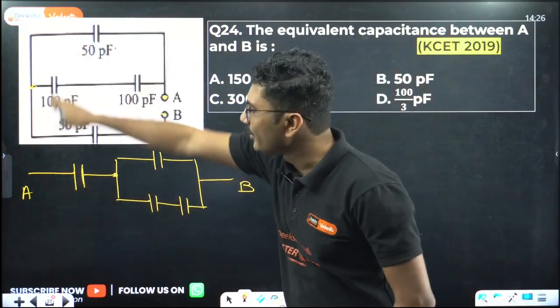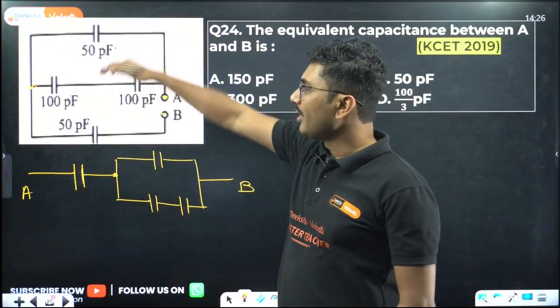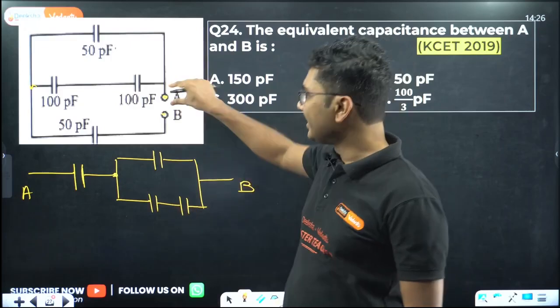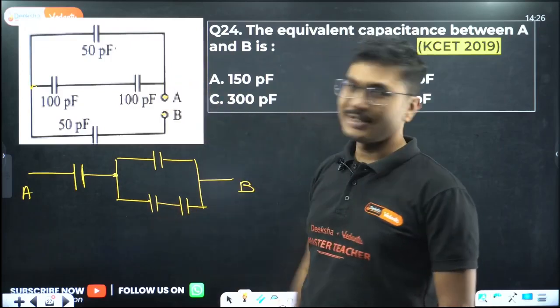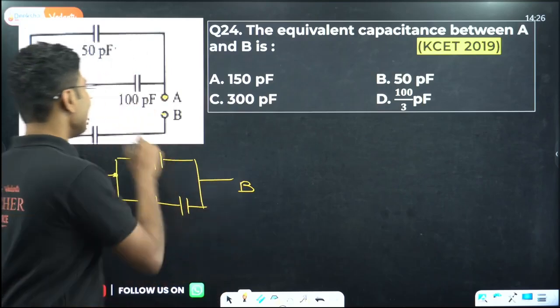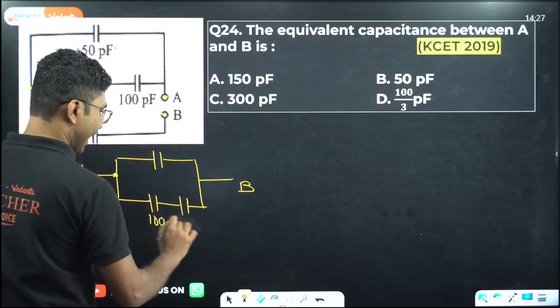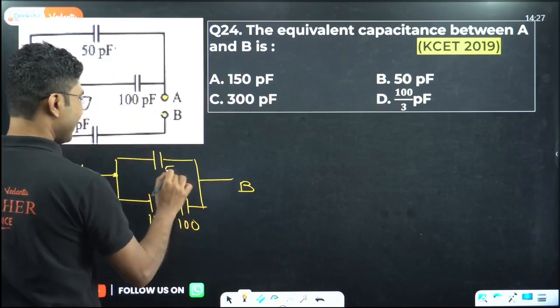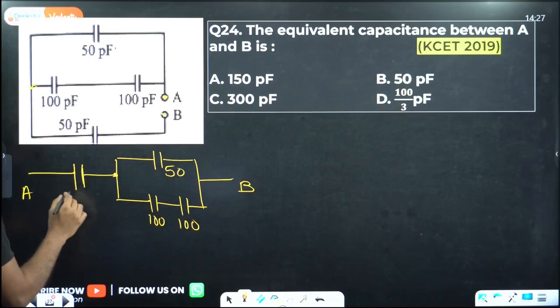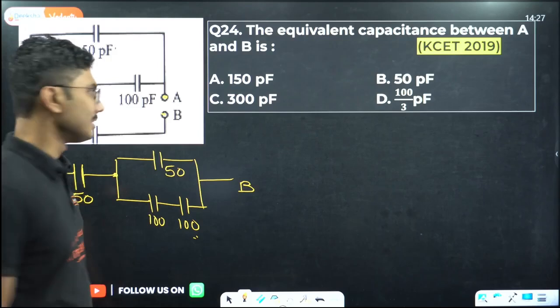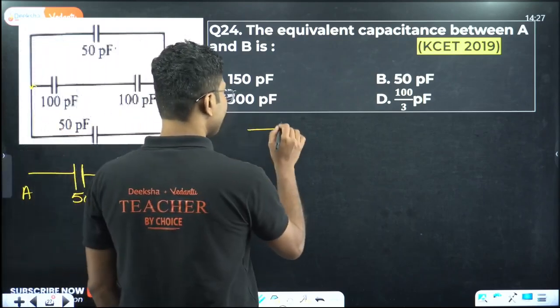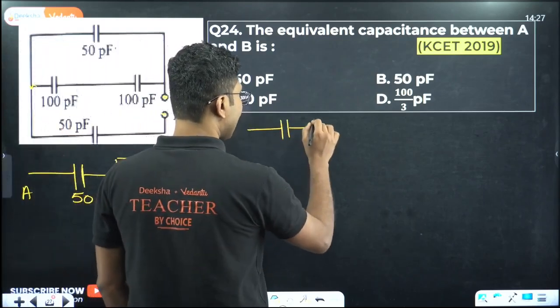So the equivalent capacitance between A and B. They have tried to give you an illusion of everything being in parallel, but it is not all parallel, so you have to rearrange it for better understanding. So 100 and 100 are in series, 50 is in parallel, and then eventually you have another 50 in series. We will solve this using the diagram only till the last stage.